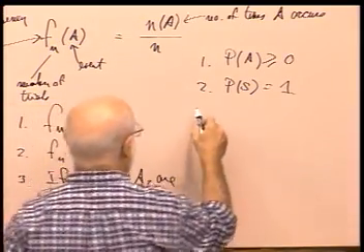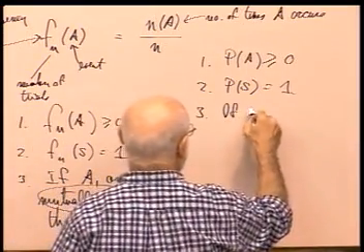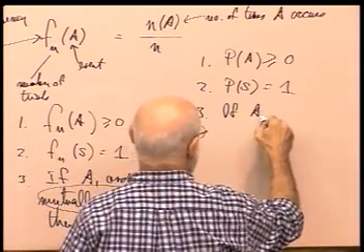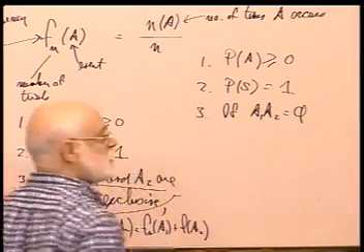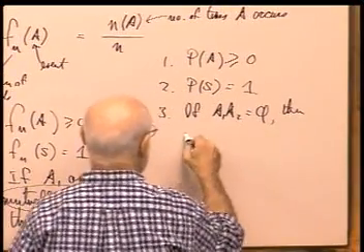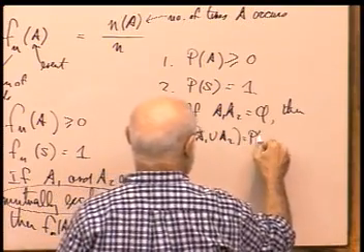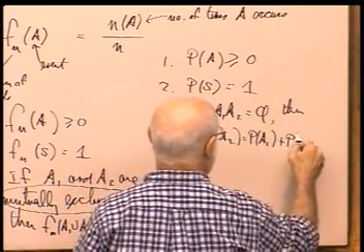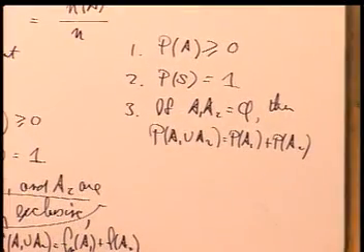And the third thing is that if I have any two events, or sets, that don't overlap, so if A1 intersected with A2 is empty, that is, they're mutually exclusive, then the probability of A1 or A2 is equal to the probability of A1 plus the probability of A2.